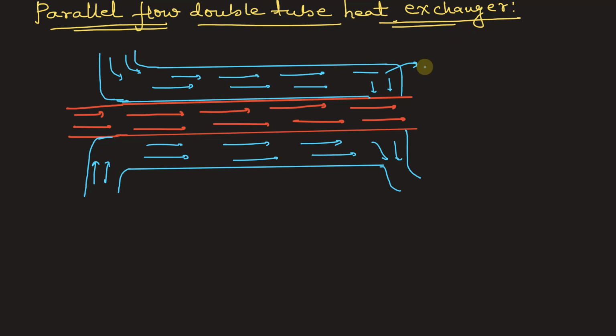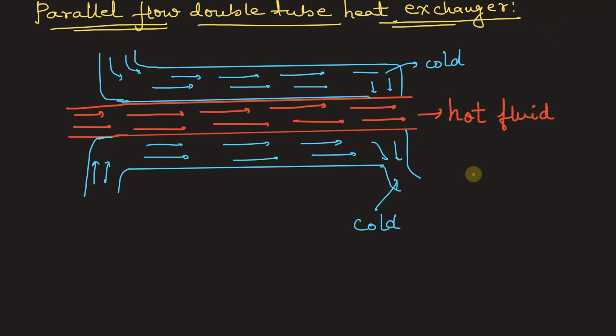So this is cold, this is also cold fluid, and this red one here is hot fluid, or warm fluid also we can say. And these fluids are very viscous in nature, and usually the hot fluid is very viscous in nature.